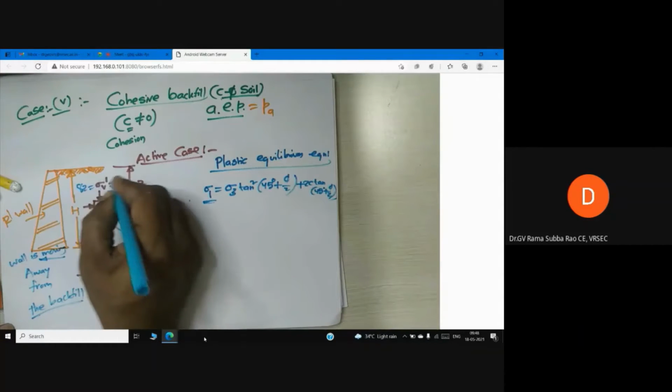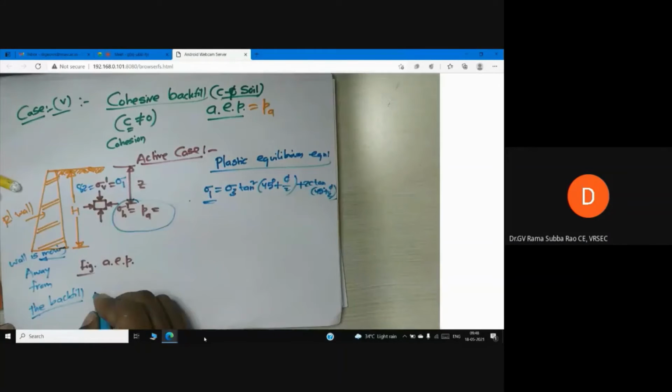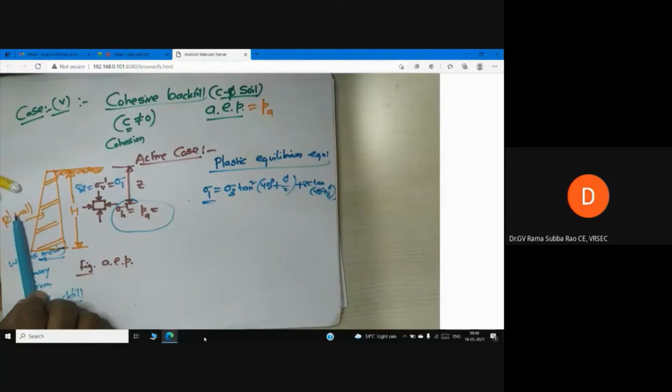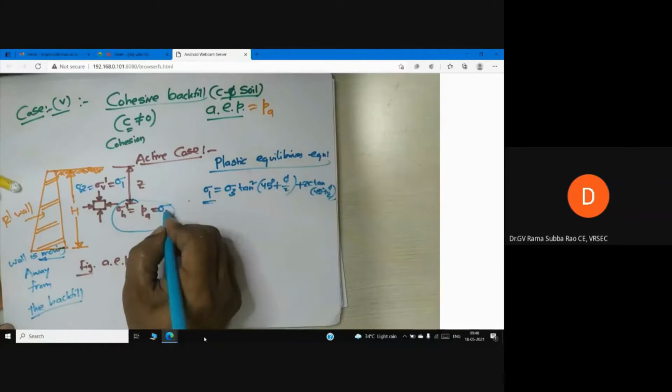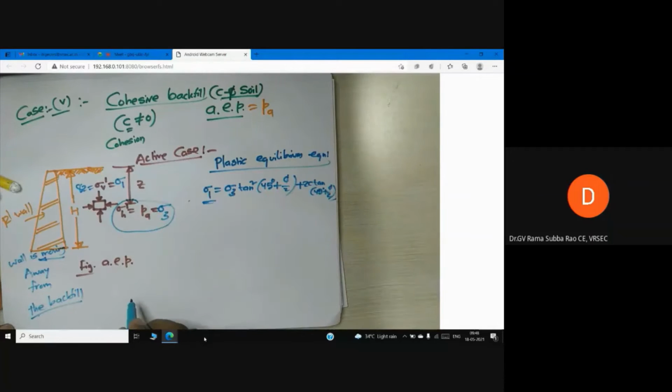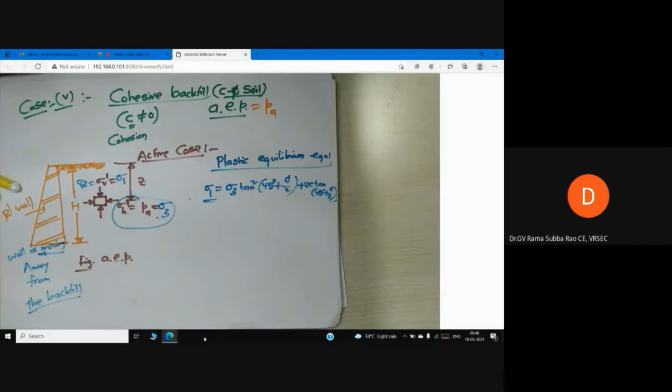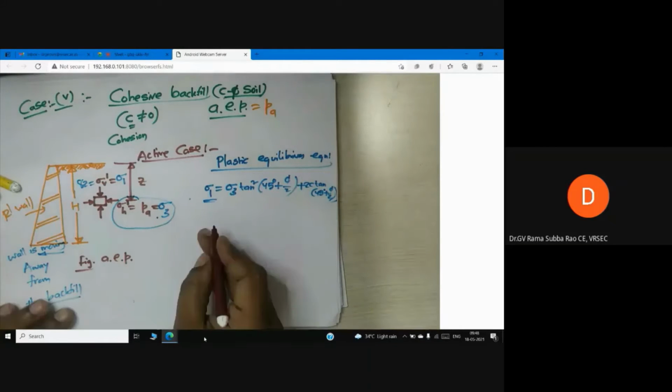That is equal to major principal stress, I would like to call maximum principal stress, when the wall is moving away from the backfill. Now, the minor principal stress, you know that minimum principal stress is PA. Now, this discussion already happened. So now let us proceed.